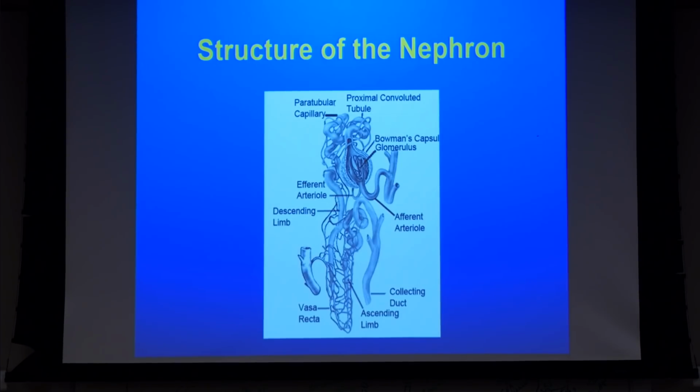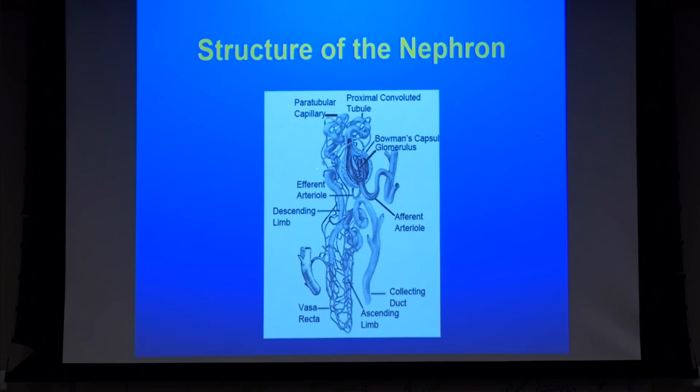This is a picture I actually like. And what it's showing is the various components of the nephron. Up here, it's showing Bowman's capsule encapsulating the glomerular capillary. Fluid moves from the blood vascular compartment into the renal compartment at this site. We talked about this yesterday. That fluid then flows through the proximal convoluted tubule.